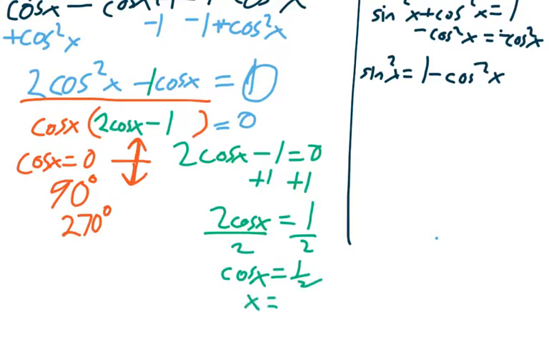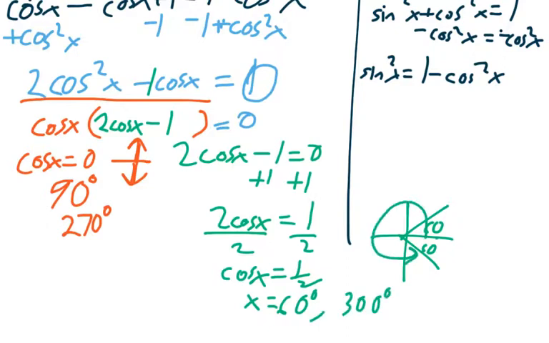When I figure out where the cosine is equal to 1/2, I get the answer of 60. Now for the cosine, it's positive in quadrant number 1 and quadrant number 4. So if that's 60, my other answer will be 300 degrees.